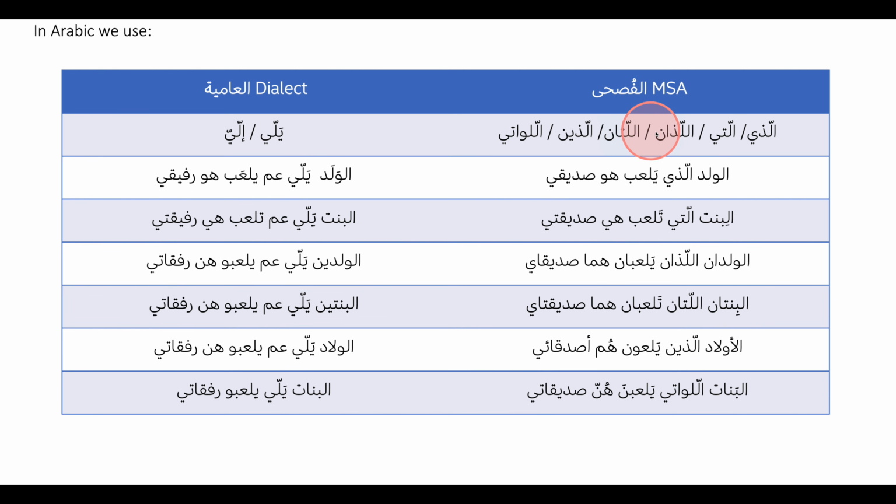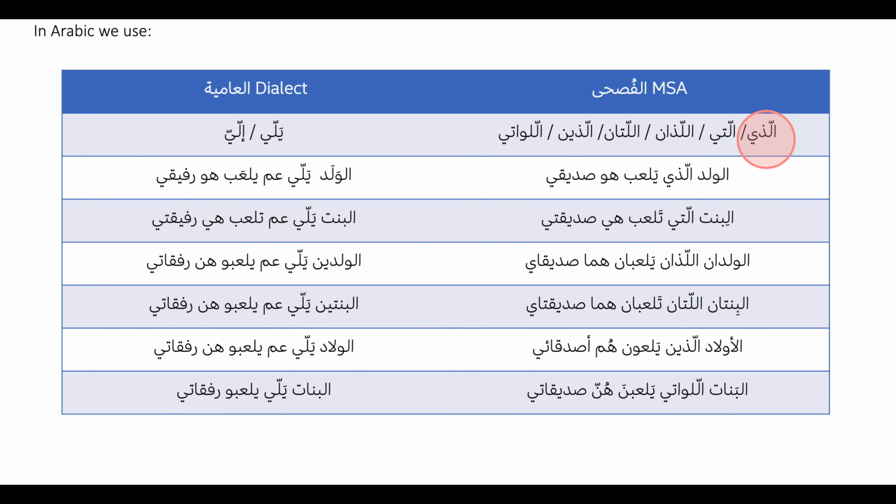Now let's look at it from a different angle in Arabic only. Here we've got the relative pronouns in MSA, الفصحى, and here we've got the relative pronoun in a dialect or العامية, which means dialect. In Fusha we do have, very much like in English, a number of these relative pronouns.